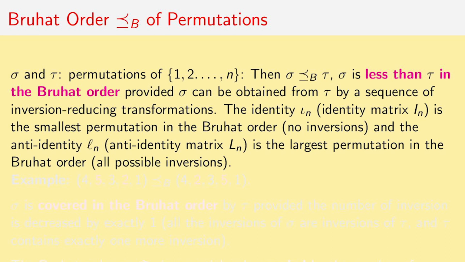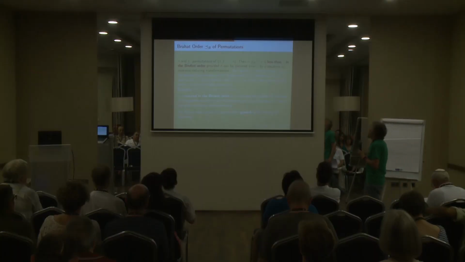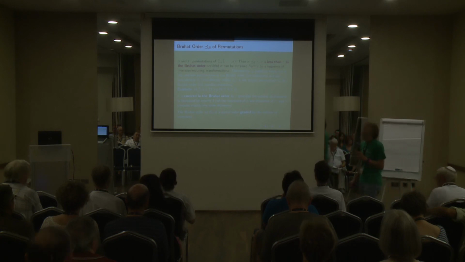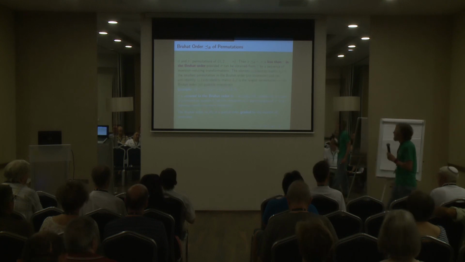Okay, now in terms of permutations and inversions of permutations, there is a partial order, which is usually called the Bruhat order. It can also be called the Bruhat-Ehresmann order, okay? And we say that sigma is less than or equal to tau in the Bruhat order, provided sigma can be obtained from tau by a sequence of inversion-reducing transformations, okay?